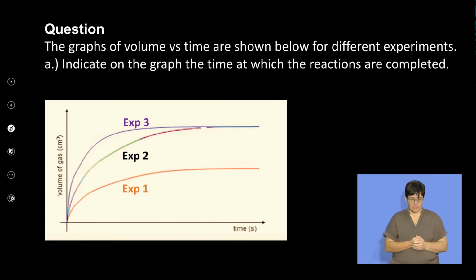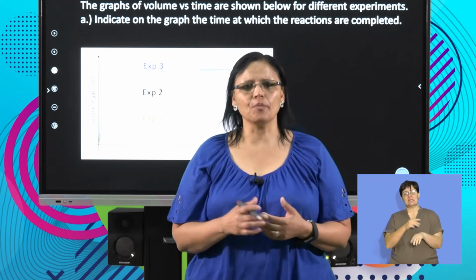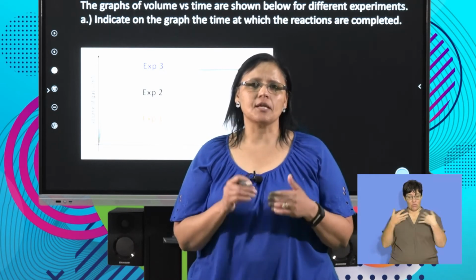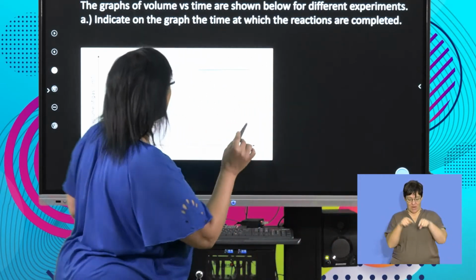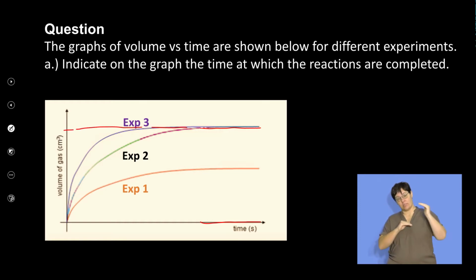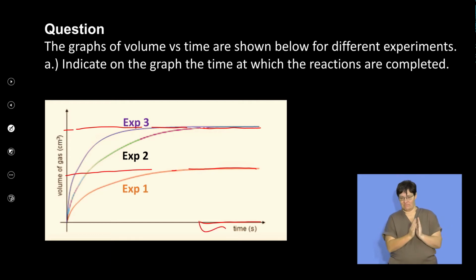Now, whenever we have a volume versus time graph or a mass versus time graph, you must remember that the end of the reaction is represented by a parallel line. The line that's parallel to the time axis indicates that your volume remains the same for a period of time.